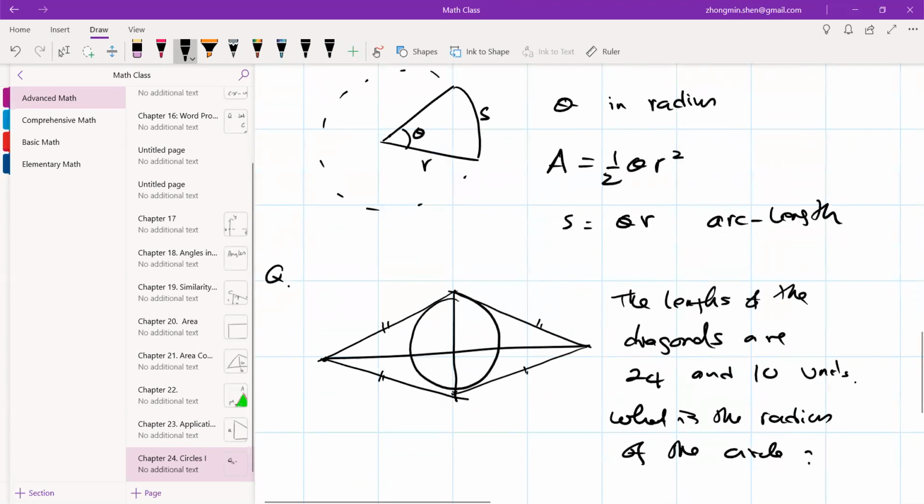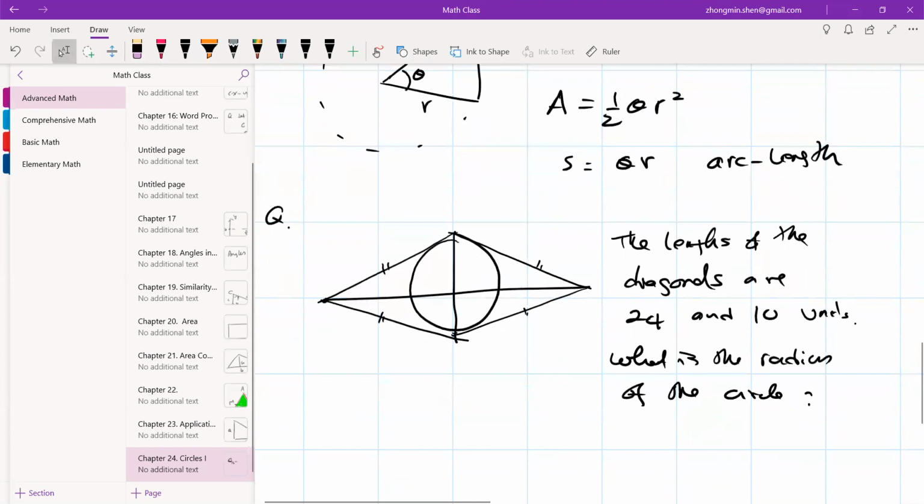How do you solve this problem? For geometry problems, this is advanced mathematics. You have to draw additional lines to find the relationship between the radius and the other quantities we have.